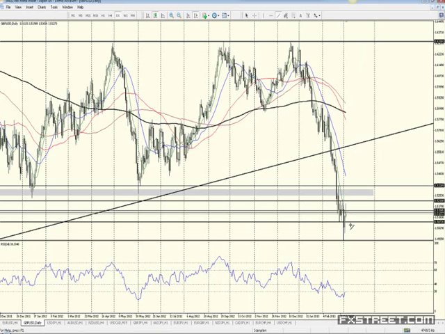Honestly, you don't know if this rally is going to be part of a further bearish continuation, or if it's going to come all the way back up and maybe even clear these highs. For me, I don't need to know that to trade. I don't need to predict where the market is going.